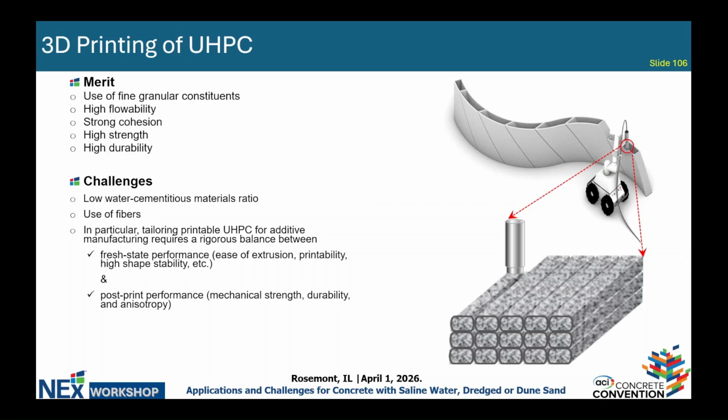So if we want to tailor printable UHPC for additive manufacturing, we need a rigorous balance between the fresh properties and the post-print performance of this material. The fresh properties include ease of extrusion, printability, and shape stability. The post-print performance includes mechanical strength, permeability, and durability, to make sure that it is still at the level of UHPC.